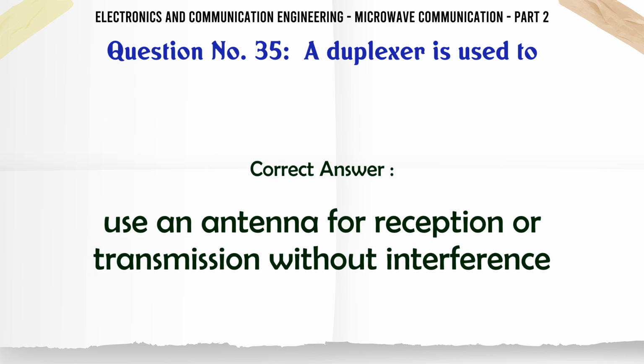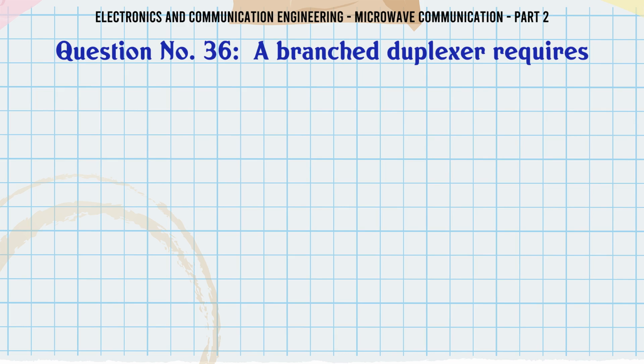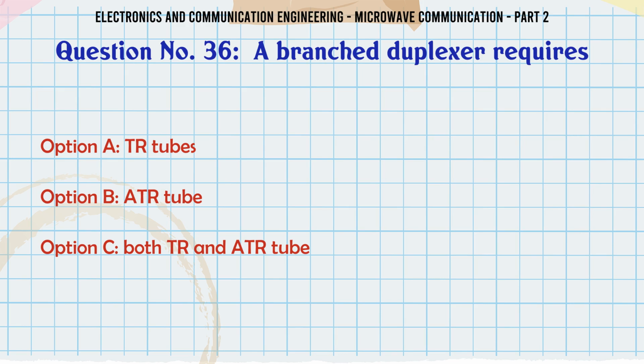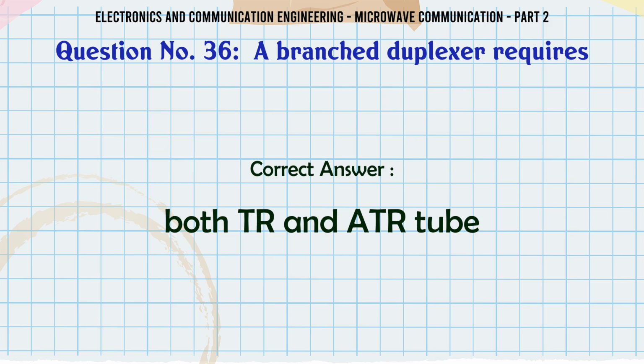The correct answer is use an antenna for reception or transmission without interference. A branched duplexer requires: A. TR tubes, B. ATR tube, C. both TR and ATR tube, D. none of the above. The correct answer is both TR and ATR tube.